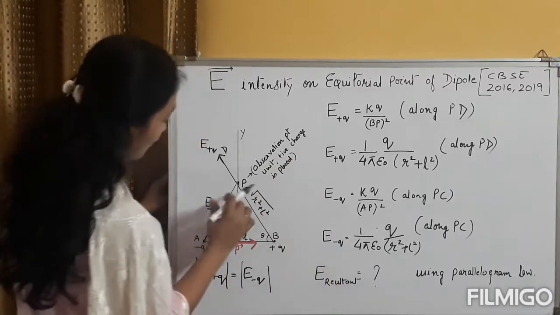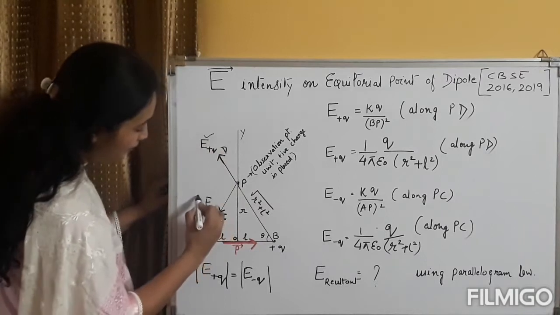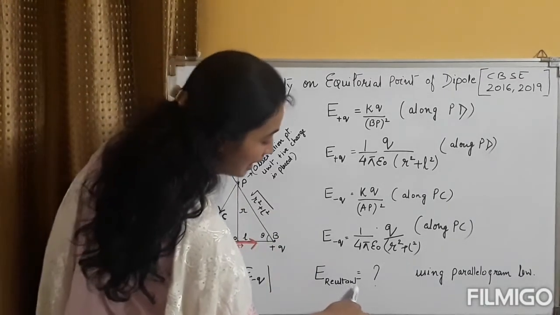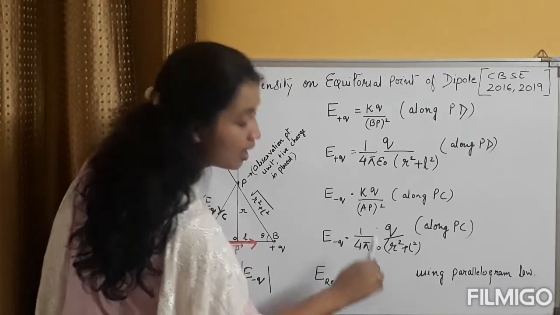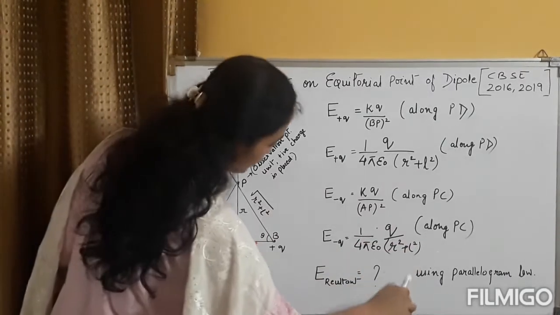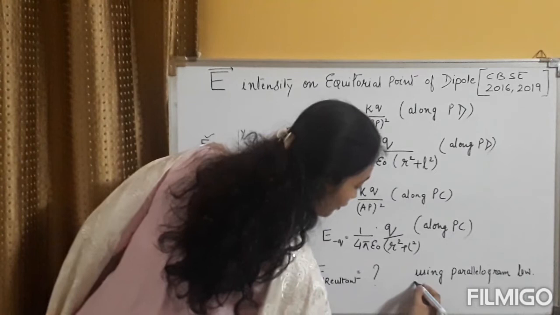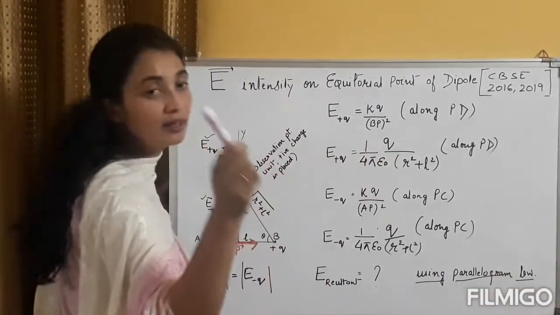Now we have two directions of electric field, E plus Q in this direction, E minus Q in this direction, and we are interested in finding the resultant of these two electric fields. We have to find E resultant. How can we find it? Automatically you will conclude, you have learned it in class 11, that we will be using parallelogram law of vector addition.